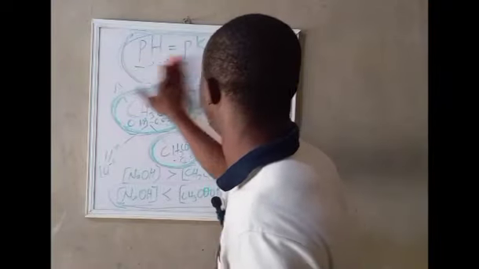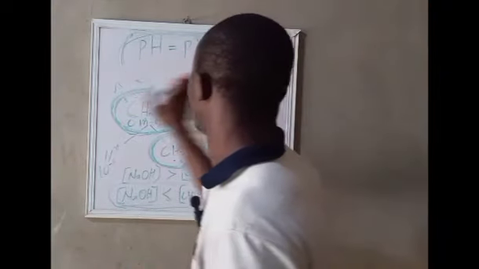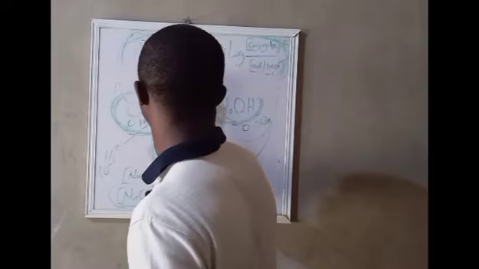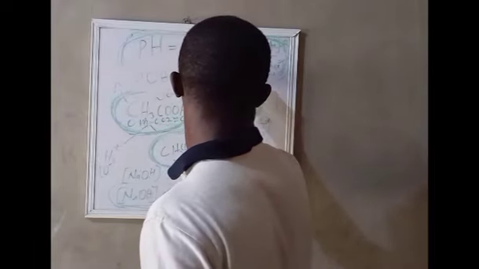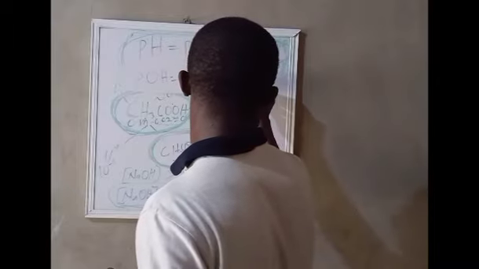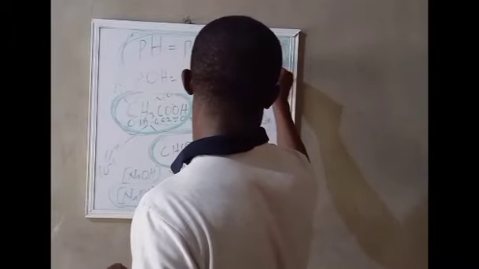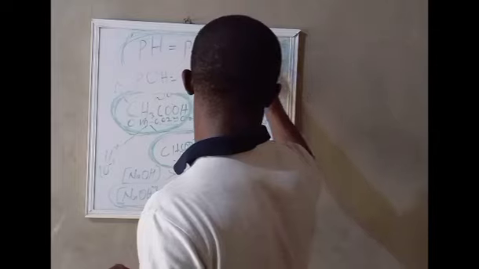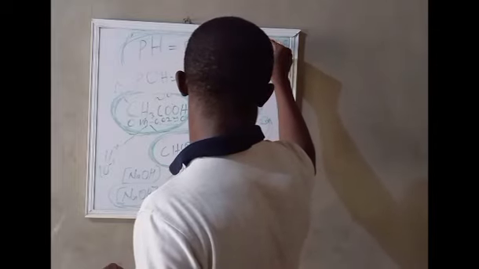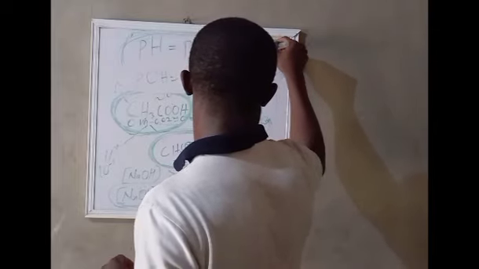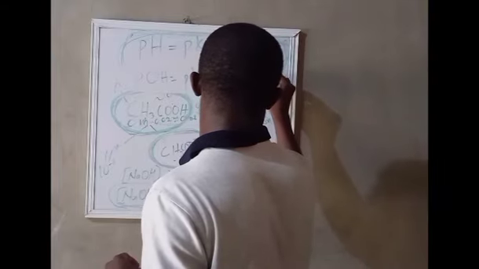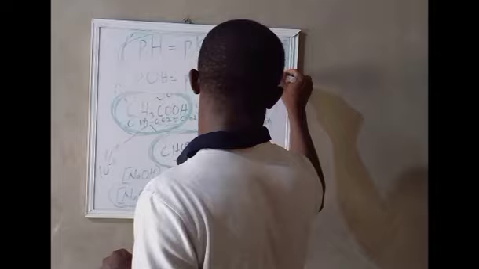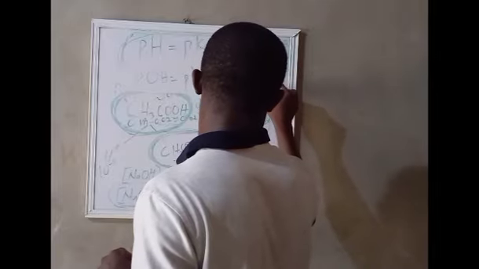But for the sake of bases, like I said earlier, we are going to have pOH equals pKb plus log of, so here let me write acid here, conjugate acid over the base.